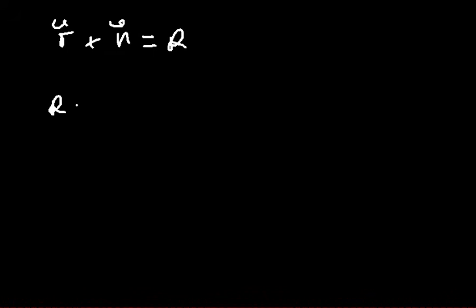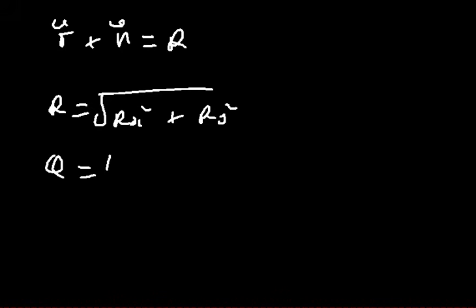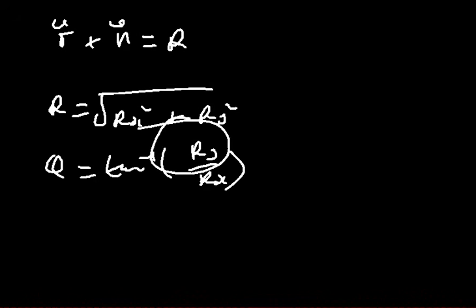The resultant vector r is the square root of rx squared plus ry squared, and the direction is the tan inverse of ry over rx. So keep that in mind.